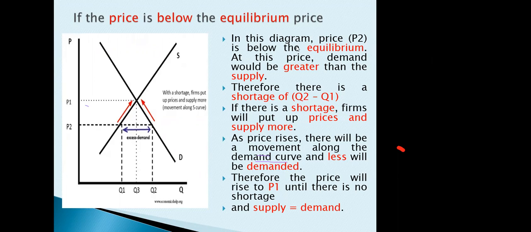So just look at this diagram. So what will happen? Again, automatically, due to having excess demand in the market, prices may go up. Prices may go up to the equilibrium point, that is P1. Prices will go up to P1. Getting this?